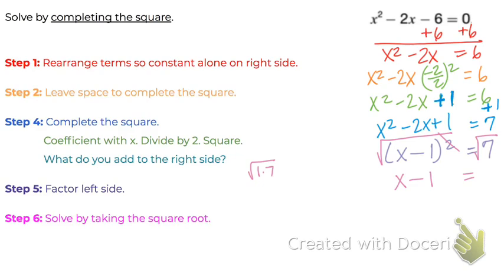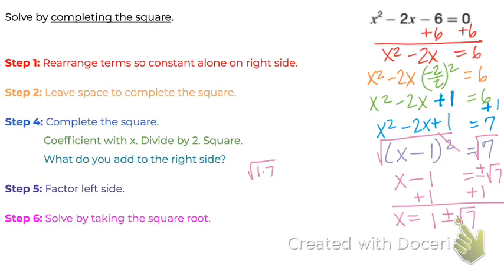So there's nothing I can pull out from under that square root symbol. So I'm just going to leave that as plus or minus the square root of 7. And then to move that -1, I'm going to add 1 to both sides. So the way you write your answer in this case is 1 plus or minus square root of 7.